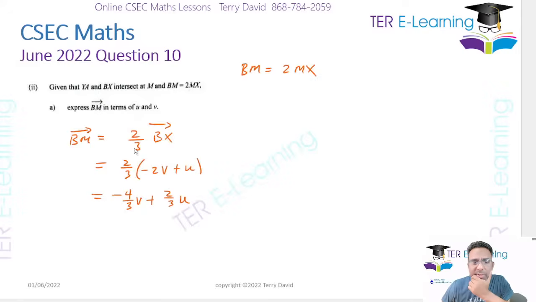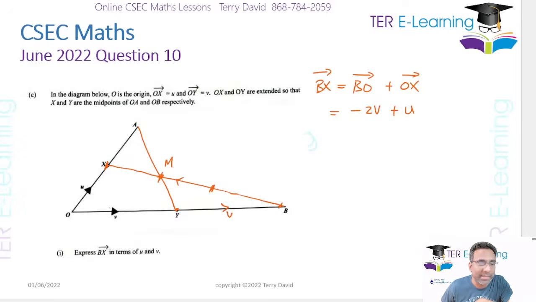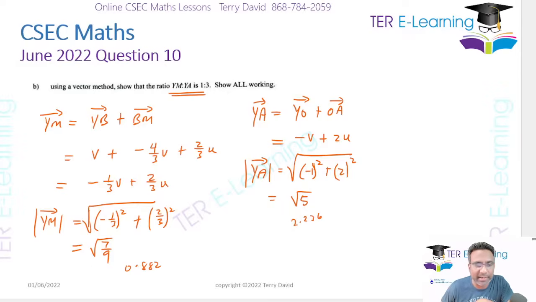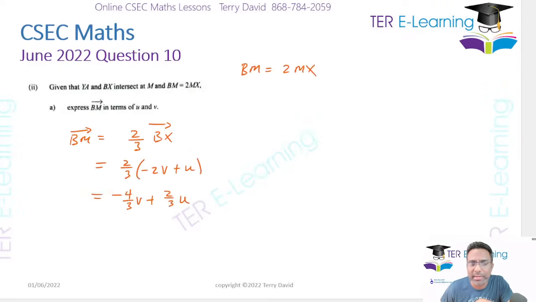Yeah, that's true. So 2/3 and it's minus 2v plus u. I'm just double checking to make sure I don't have any errors here, guys, because it's very easy to make a mistake with these things. So this is minus 4/3 and this is going to be 2/3. Okay, so this looks okay.